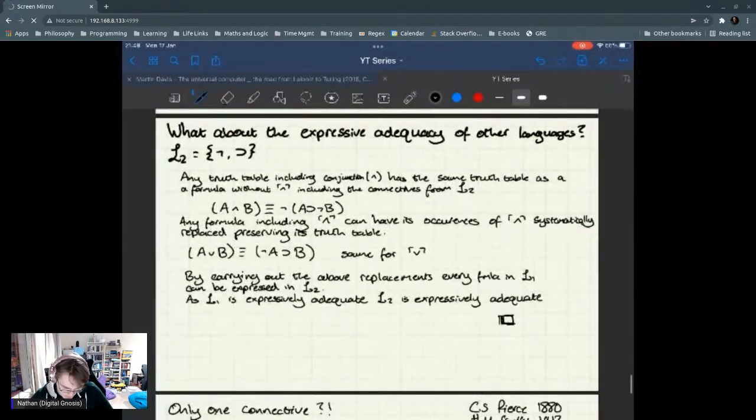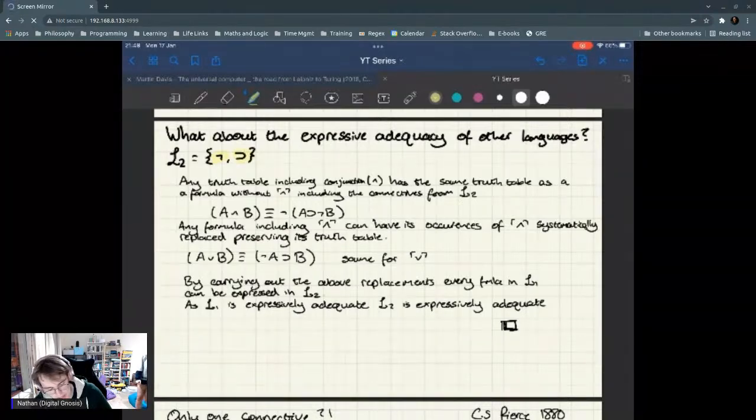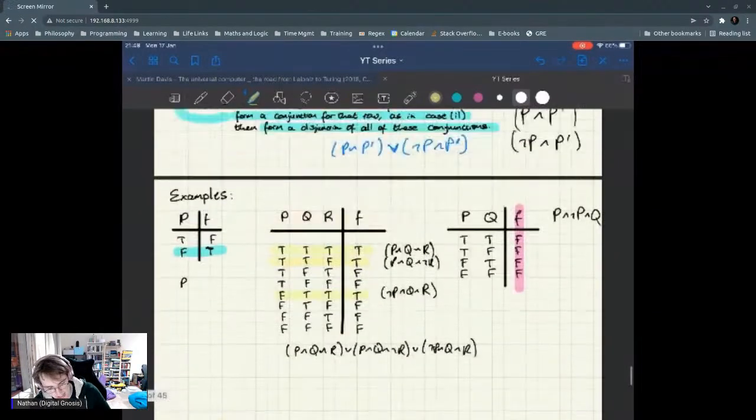Okay. So what about the expressive adequacy of other languages that we might have that can consist of different sets of connectives? So, for example, take a second language that consists of not and the hook for if-then for material implication.